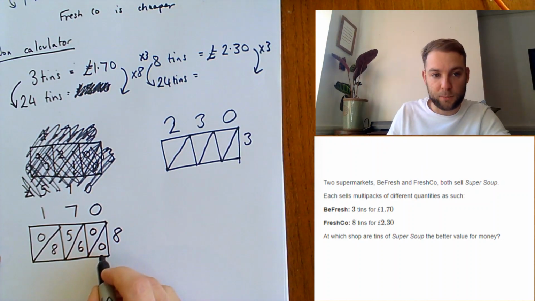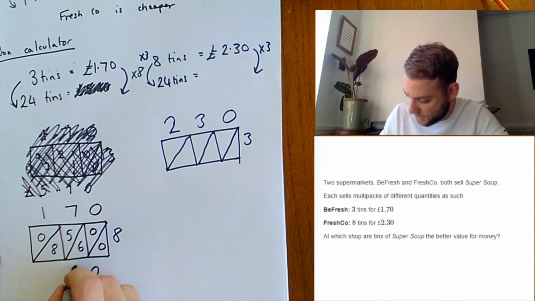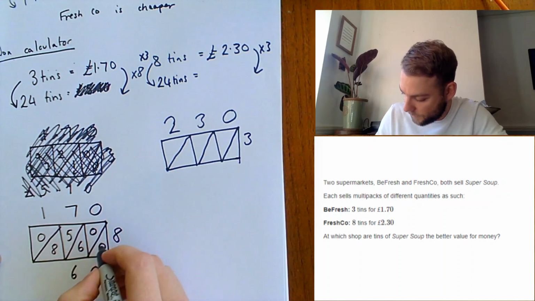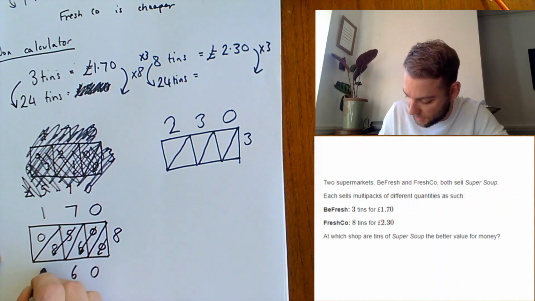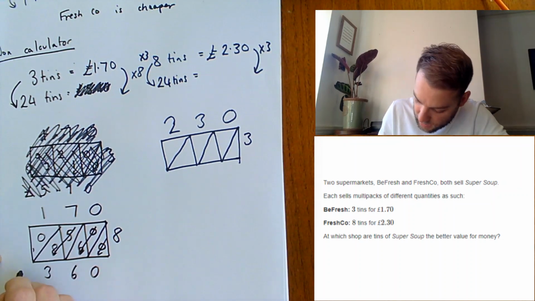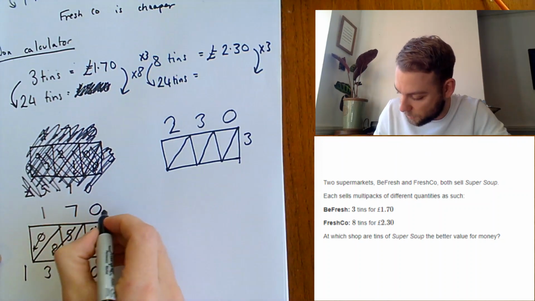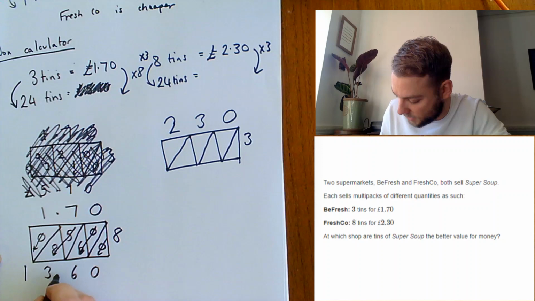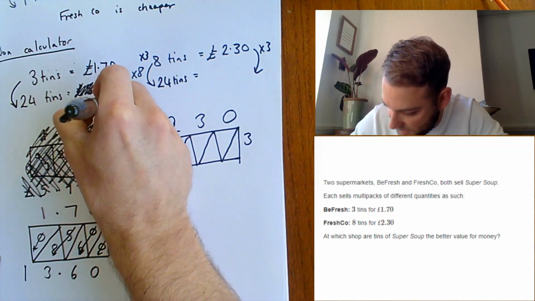Again, starting from this bottom triangle, always add diagonally like this. So it's going to be 0, 6. 5 plus 8 is equal to 13. So 3 carry the 1. And then 1 and 0 is equal to 1. How many decimal places have I got? I've got 2 decimal places, so I need 2 decimal places. So it's actually £13.60.